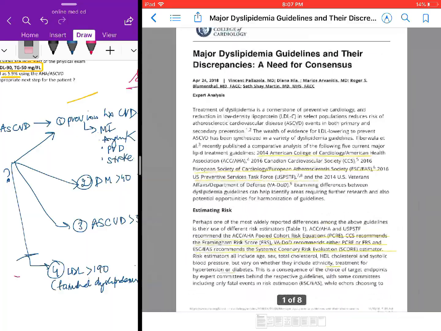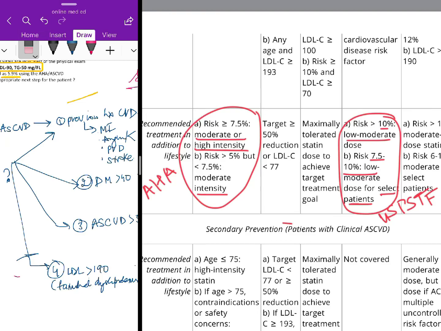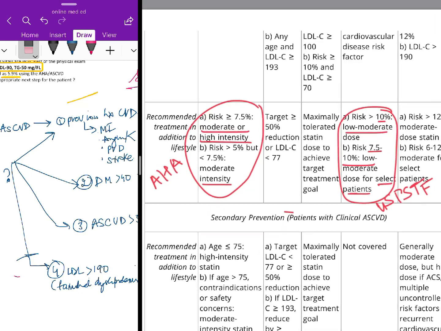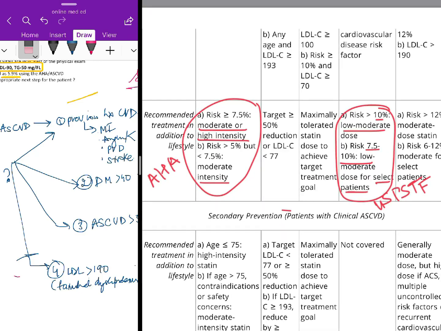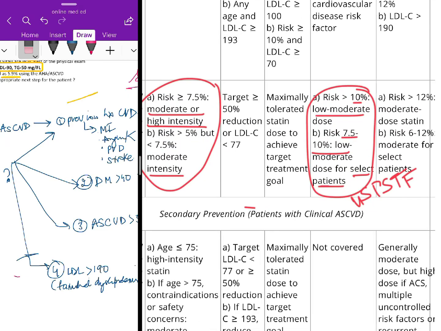But just to cover all bases, let me touch upon another important US guideline and how it differs from the AHA. Like we just said, the AHA recommends starting statins for anybody with a risk more than 7.5%. However, the US Preventive Services Task Force differs in that it recommends starting statins for risk more than 10%, and it also suggests a different intensity of statin for this age group.